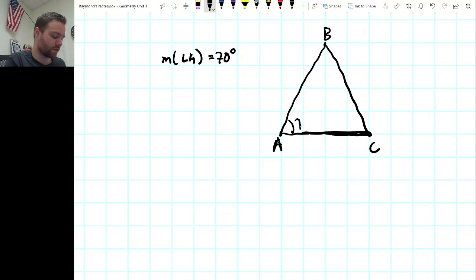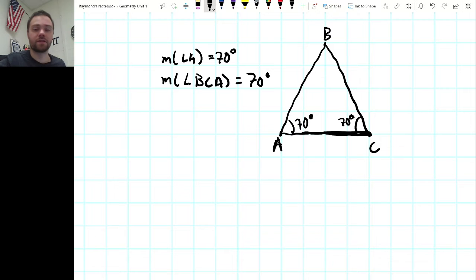So this is 70 degrees. And then it says the measure of angle BCA is equal to 70 degrees. Well, that just tells us that the measures of those two things are equal. So measurements can be equal.